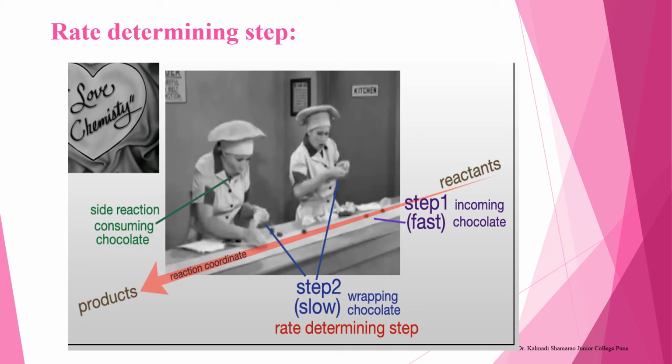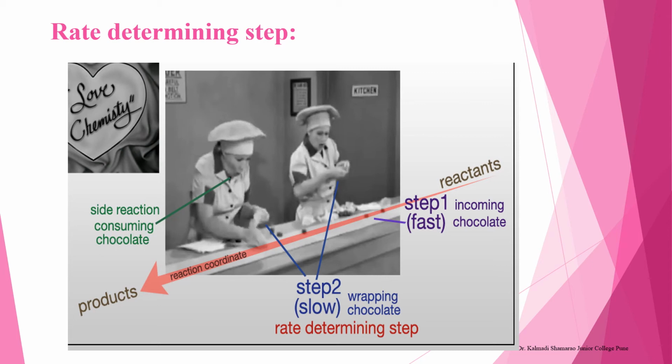Now let us study a rate determining step. From this picture, I would like to introduce the concept of what is meant by rate determining step. In this picture, there are two women working in a chocolate factory and the chocolates are delivered on the counter.